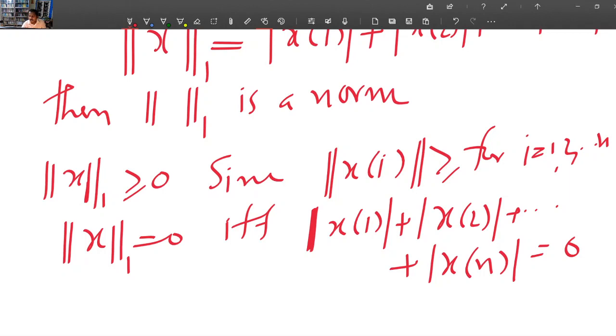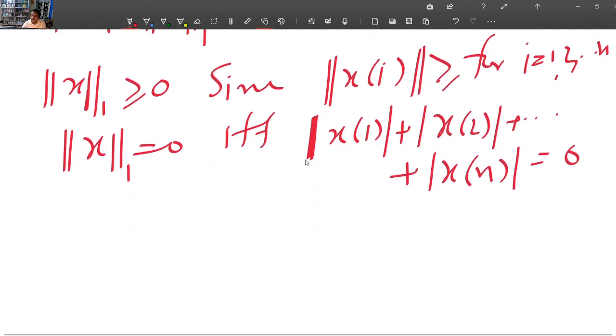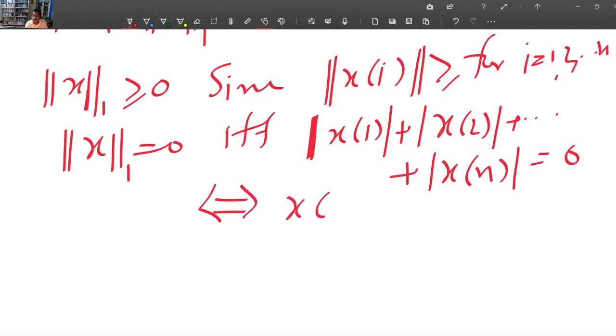This is a sum of non-negative terms, and this is 0 if and only if x of i equal to 0 for each i equal to 1, 2, etc., n.